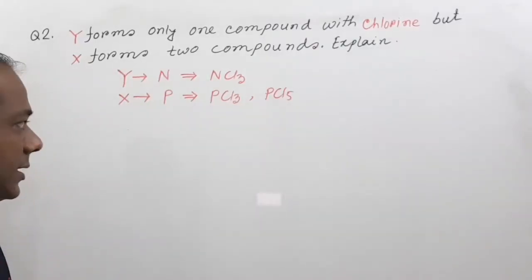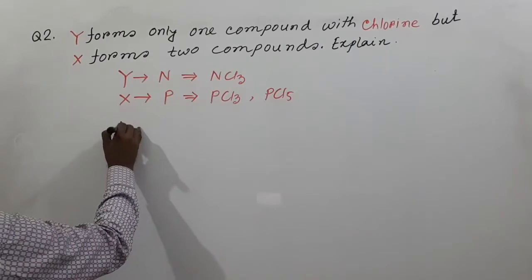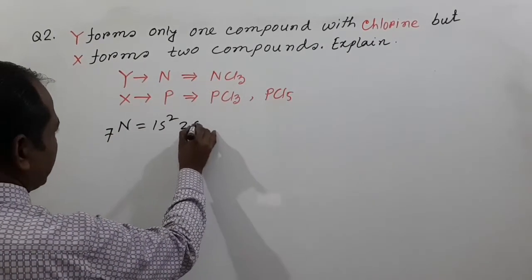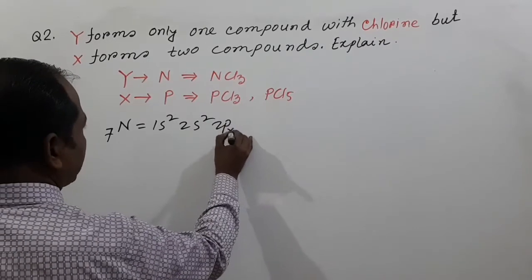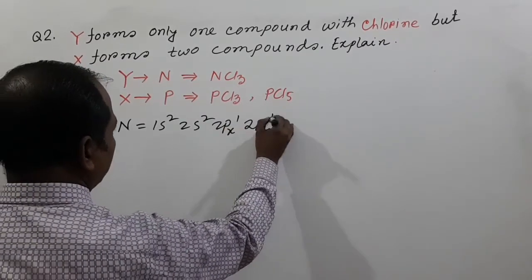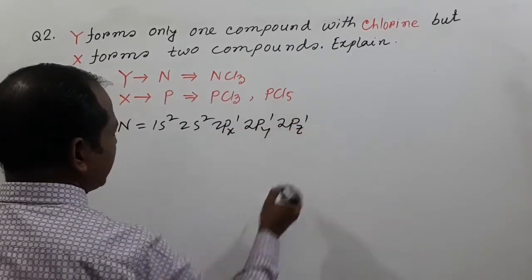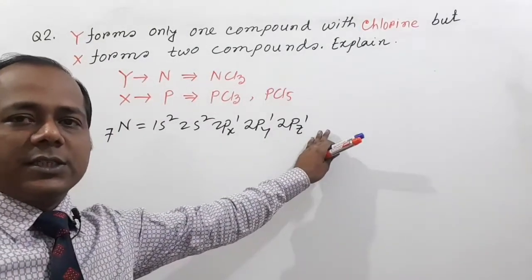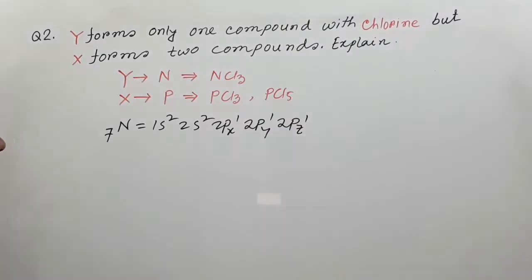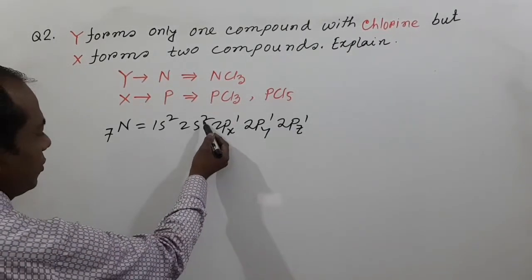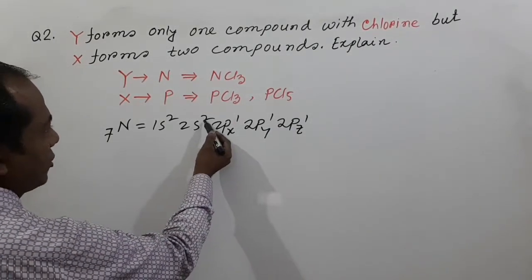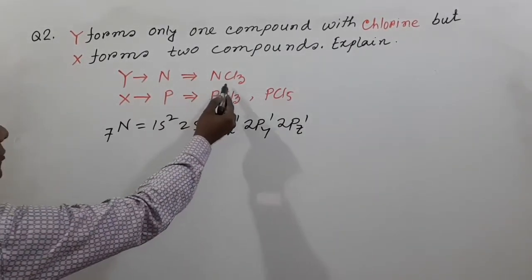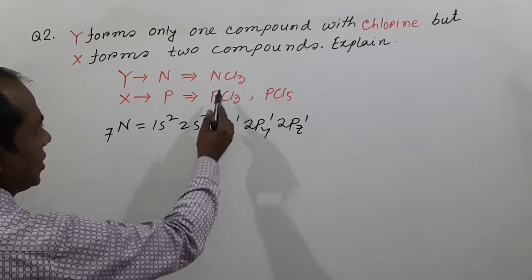Dear students, if we see the electronic configuration of nitrogen, we write here 1s2, 2s2, 2px1, 2py1, 2pz1. My dear students, here we can see that no vacant orbital is present in the second shell, and that's why the electron cannot be shifted, and that's why nitrogen only forms NCl3.